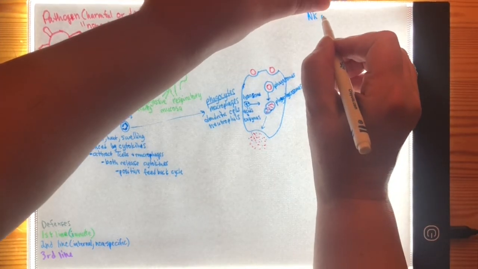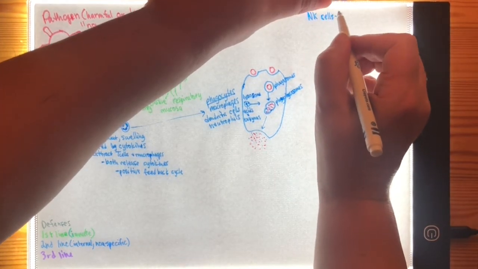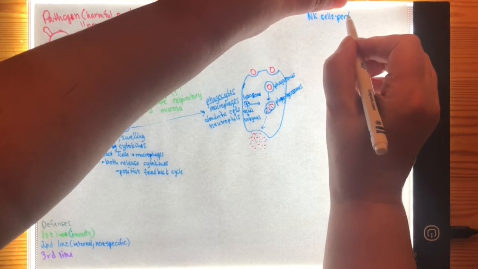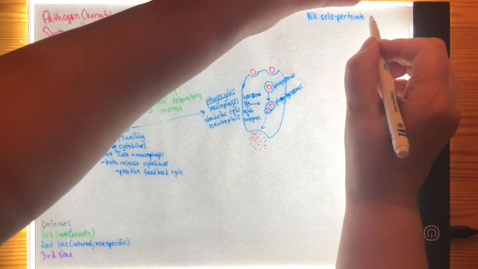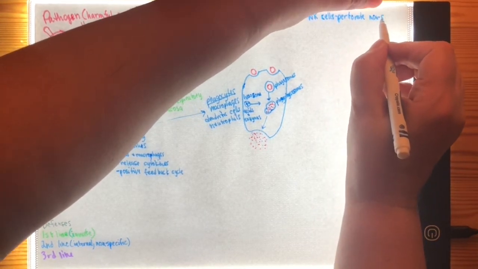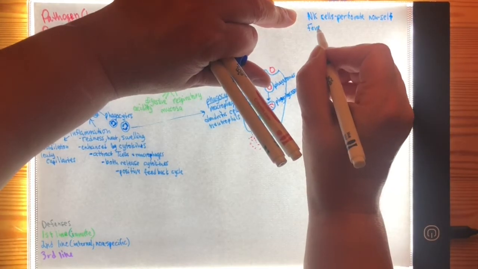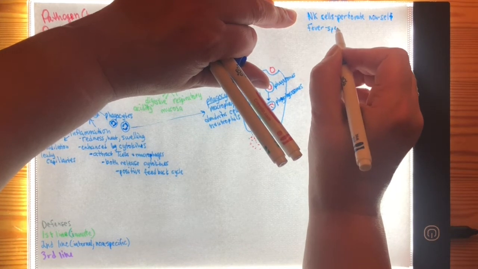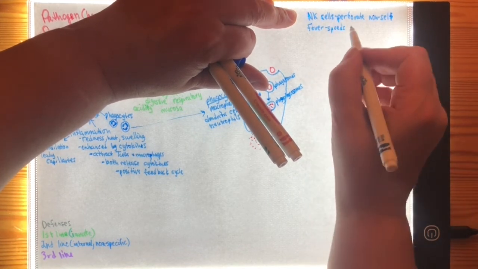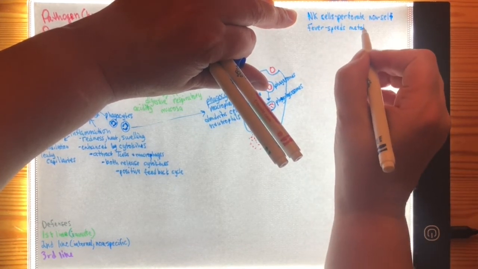We're going to go ahead and label and just briefly talk about three other aspects of the second line of defense. Natural killer cells. I've actually been seeing more and more information about those natural killer cells. NK cells work to perforate anything non-self. They basically put hole punches in the membrane and break it down. Fever.